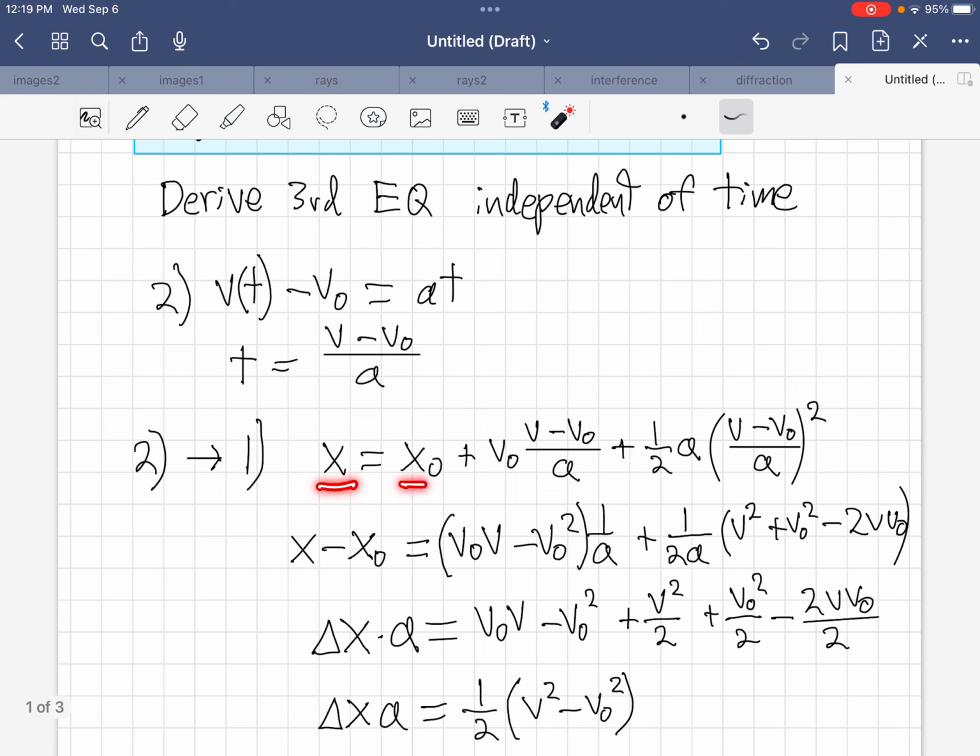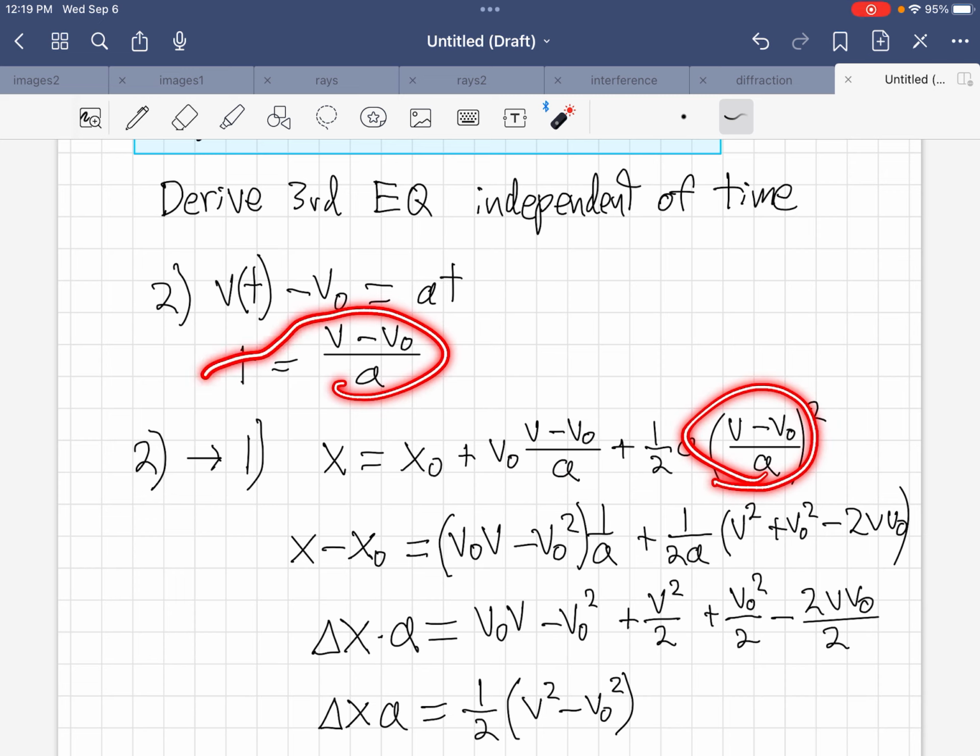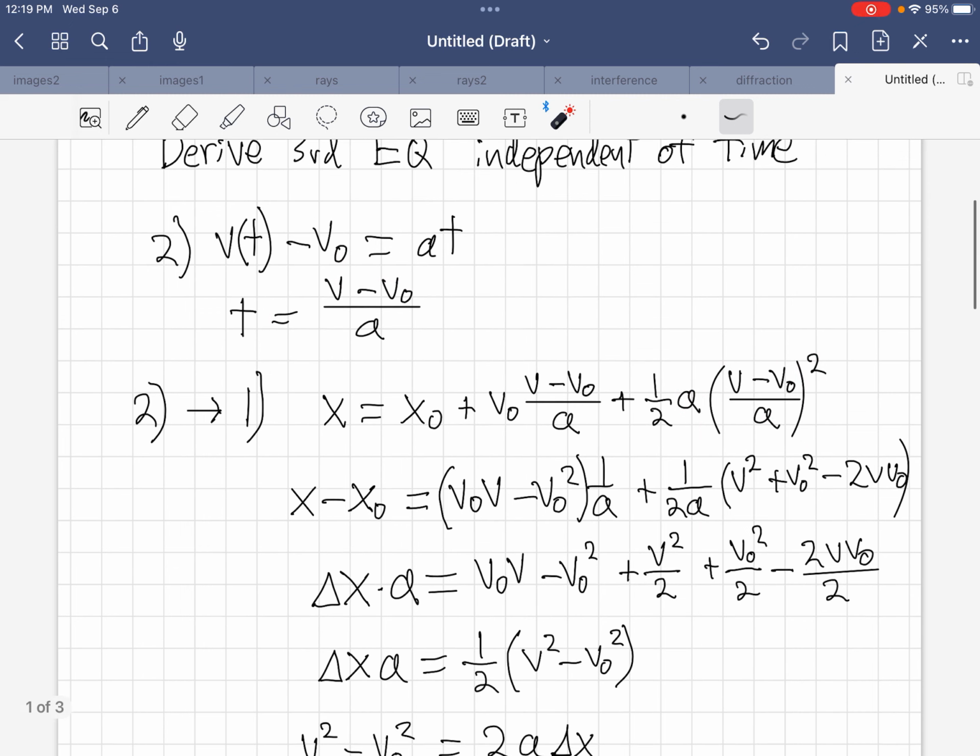So we have x minus x naught equals v naught times, where this used to be time, now this is our expression for time, plus 1/2 a times time squared, and this is time squared, right?